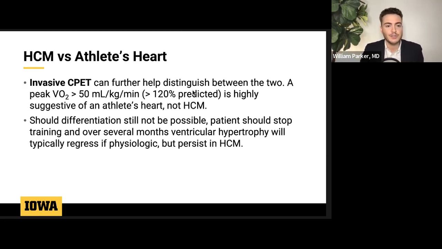And should differentiation still not be possible, what we should do is tell our patient to stop exercising, stop training, and over several months follow him up with echo.